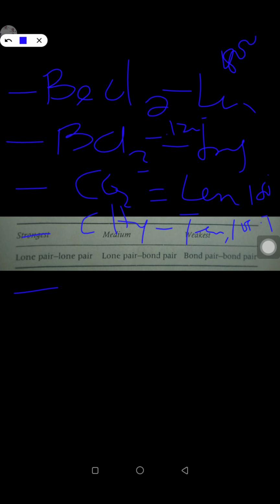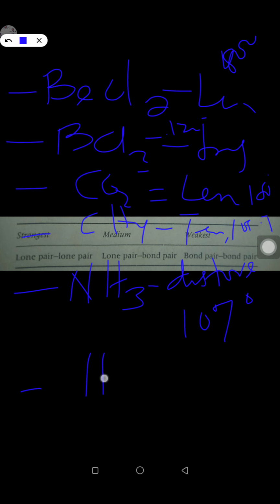We went to ammonia. We said it's a distorted tetrahedron. A distorted tetrahedron is not trigonal and it's not tetrahedral, so it's a distorted one. And the angle is 107, if you recall. I said it will be slightly lower than 109.5.